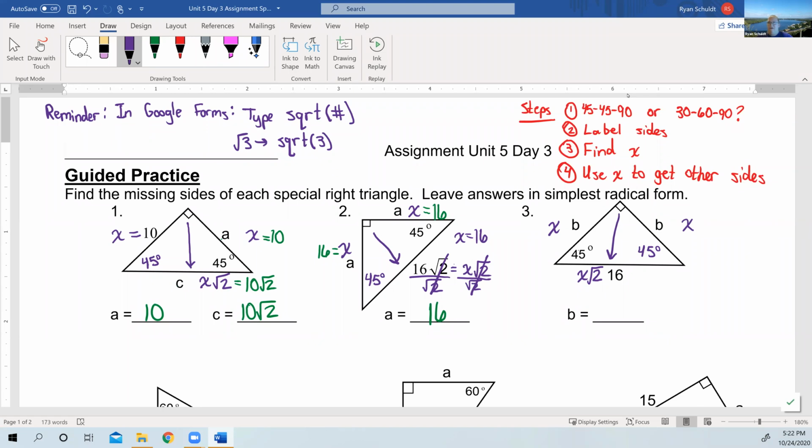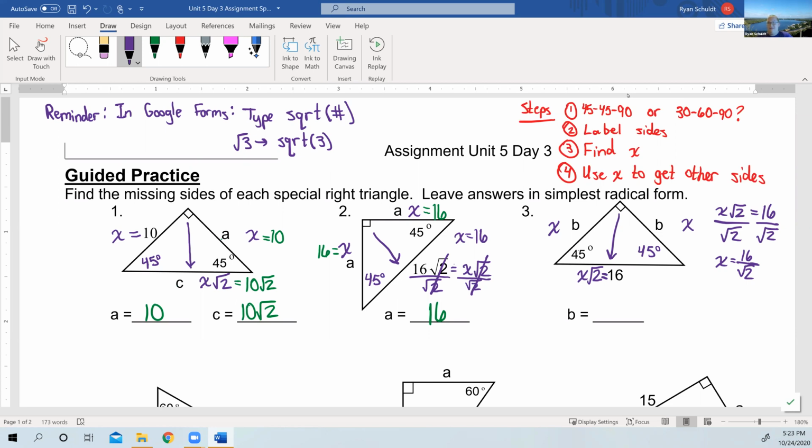Step 3, find x. Well, I'm going to use the side I know down here. X square roots of 2 equals 16. So make me a little equation over here to the side to get x. Divide by the square root of 2. So x equals 16 divided by the square root of 2.